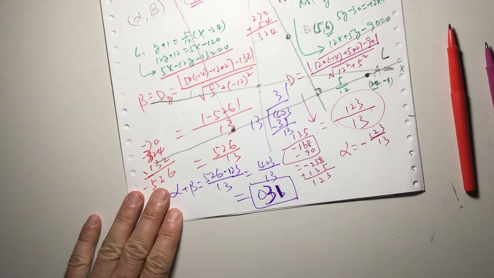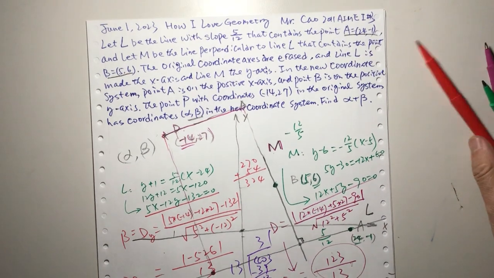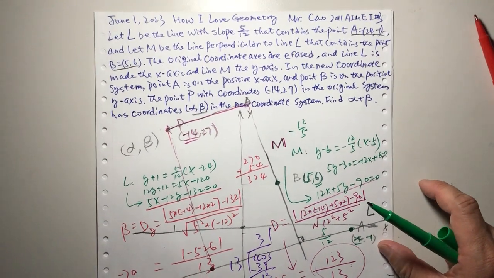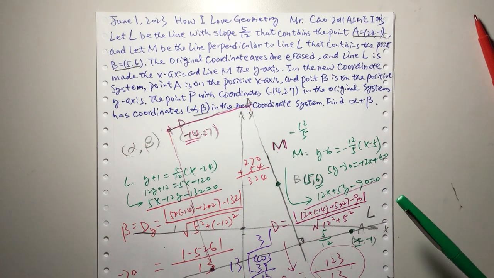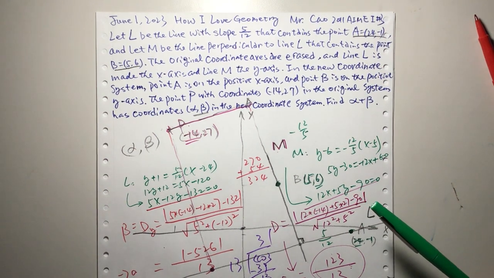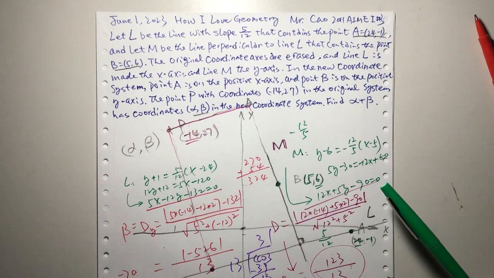To summarize this problem, we should be familiar with how to write the equation of a line when given a point and the slope.